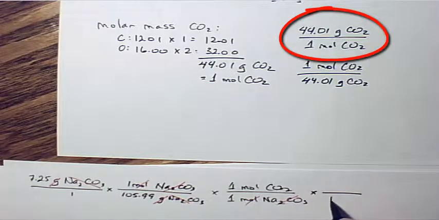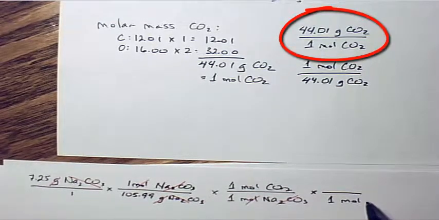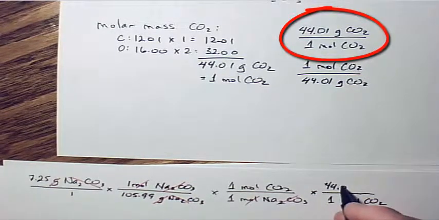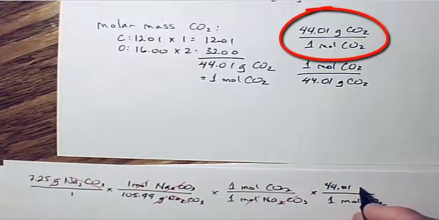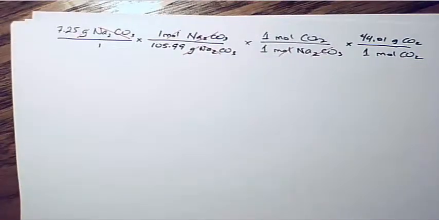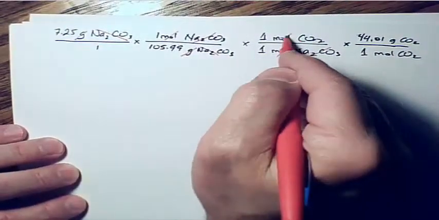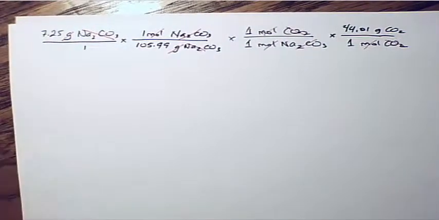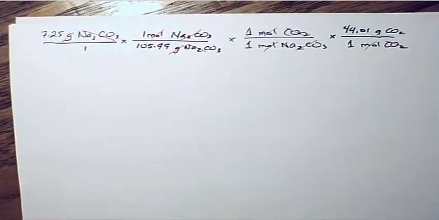Because it's going to allow us to cancel out the moles. 1 mole of CO2 goes on the bottom. 44.01 grams of CO2 goes on the top. I can simplify. And all that, just do the math and it'll get you the grams of CO2, which is what the question asks for.